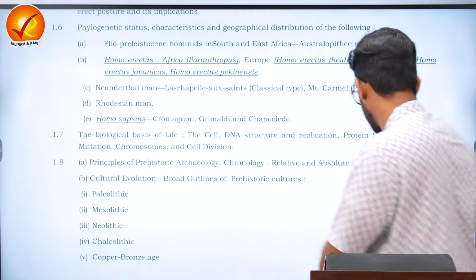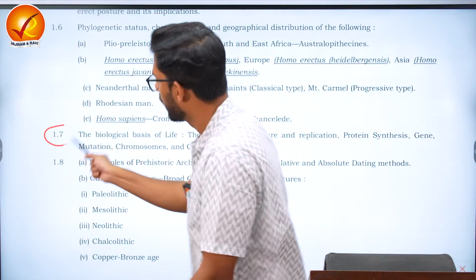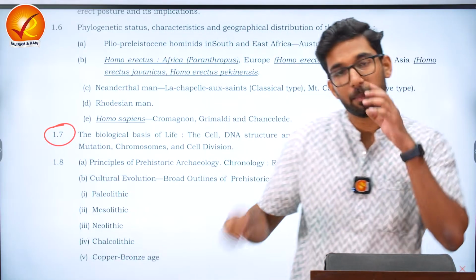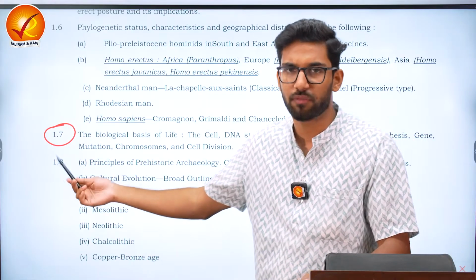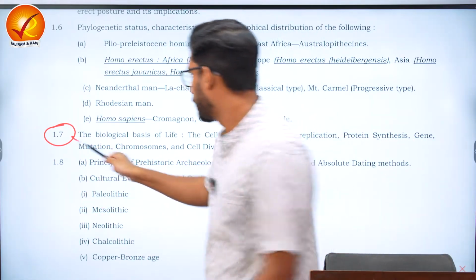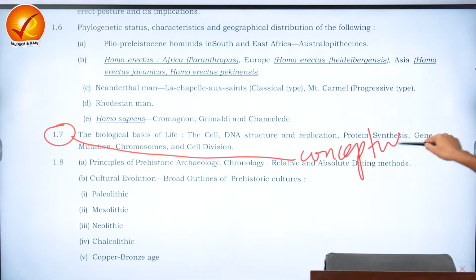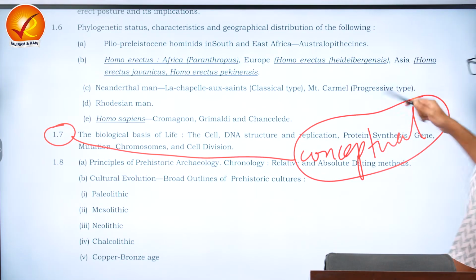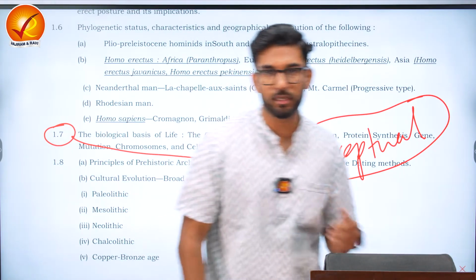Now, 1.7 is a very basic sort of chapter. It might appear not relevant for the exam because nothing is asked directly from 1.7, but this is very important for your conceptual clarity. So I will not say that you make extensive notes from 1.7, but the concepts in 1.7 are very important.